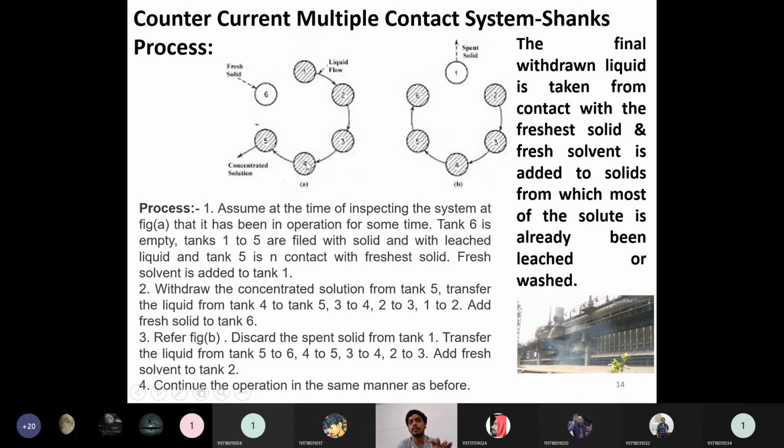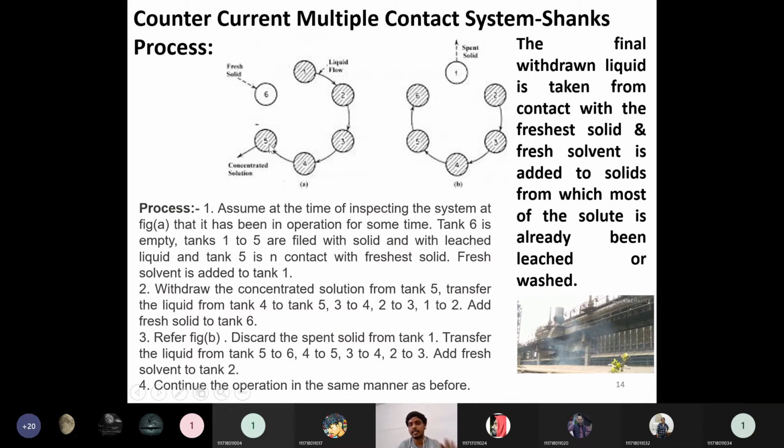Younger meaning the solids are filled later. So tank 5 is very much younger compared to all these 4 tanks, but tank 1 is very old. This is the old person, this is the new person.